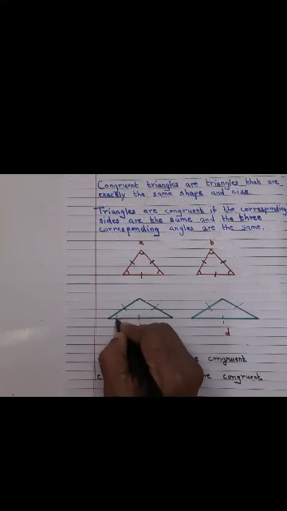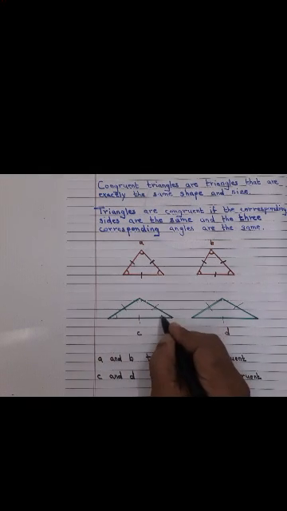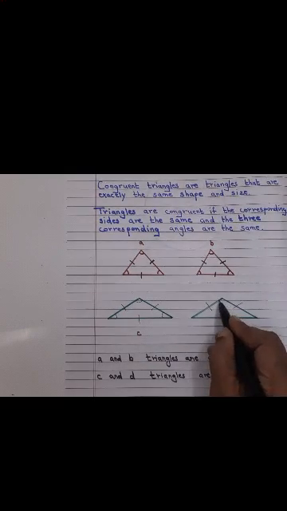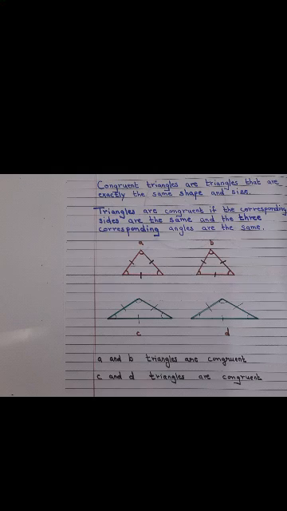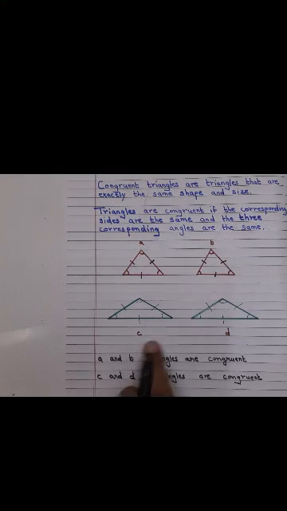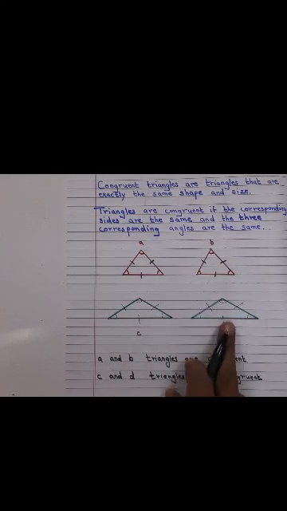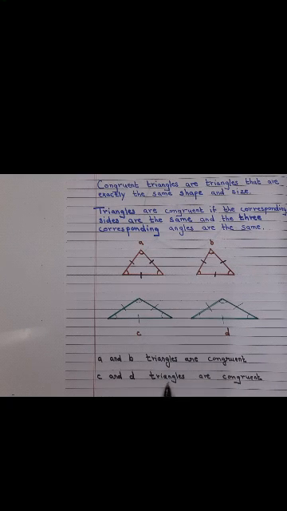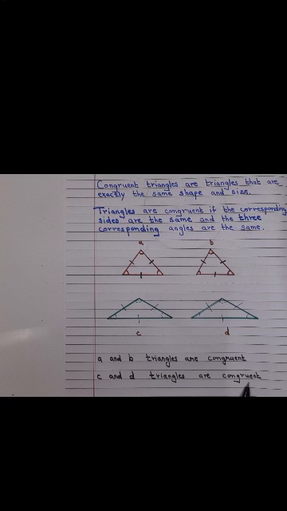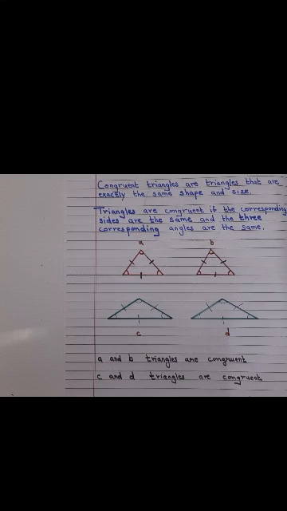And now you have the angles inside these triangles. So they are also the same. So we can say C and D triangles are congruent. Okay.